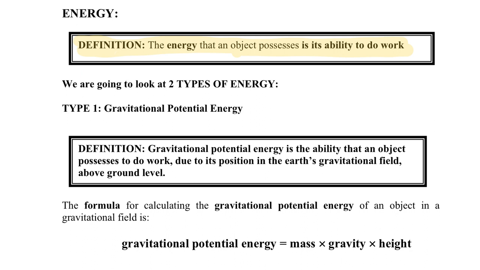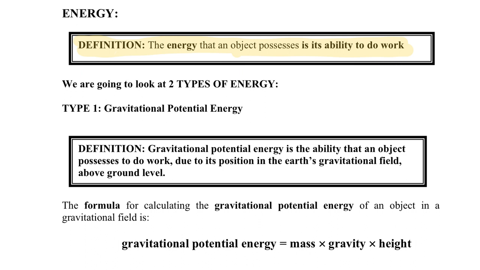Now, that might sound a little bit cyclic, because in the definition of energy, we're using the concept of work, and in the definition of work, we're using the concept of energy. So it is cyclic. We're not going to worry too much about that as long as we have a formal definition that we can use as a base.